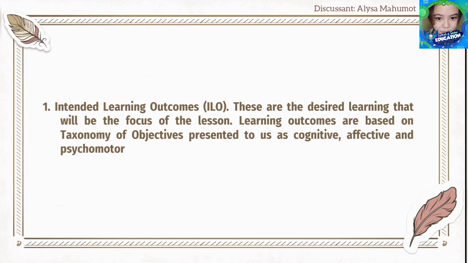So, learning outcomes are based on taxonomy of objectives presented to us as cognitive, which means it deals with the mental skills, and then the affective, which deals on how we cope up in the situation, and the psychomotor, which deals with the physical coordination or the movements.